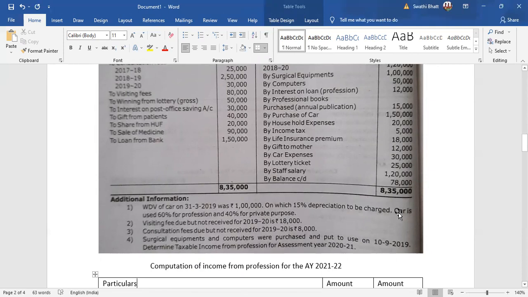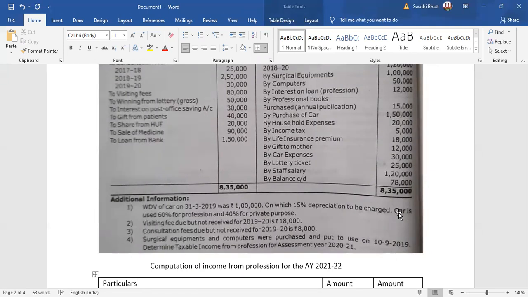Now, they have given us extra information saying that car is used 60% for profession and 40% for private purpose. So you're using the same car for both profession purpose and private purpose, but only that amount which you use for professional purpose can be deducted.